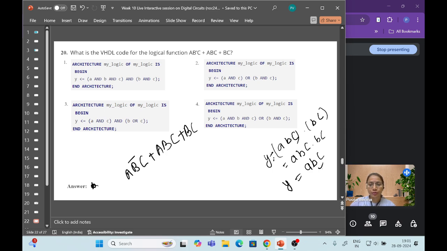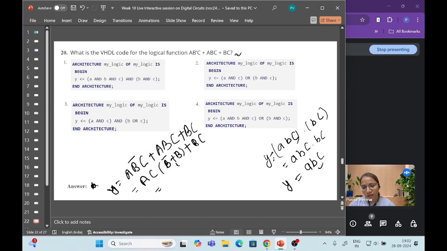So how would you get to know what function it is implementing? In VHDL, the function is implemented after optimization, so first we need to optimize this function. A and C is common in these two terms. If we take it common, then B dash plus B, plus BC.